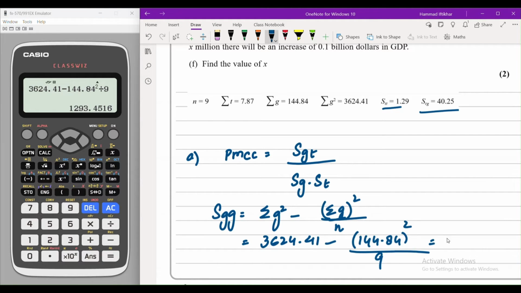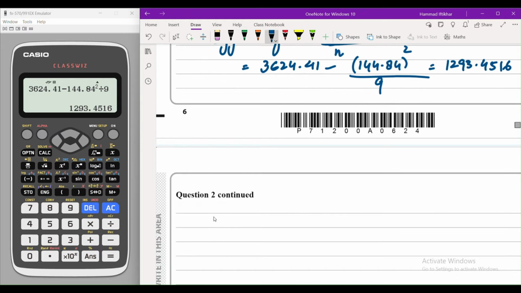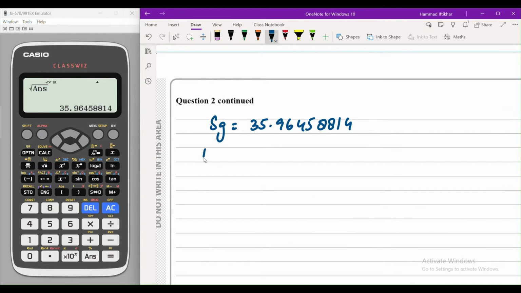So that is 1293.4516. So SG, the square root, would be equal to 35.96458814.